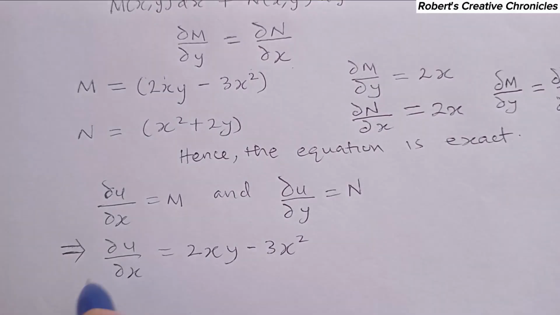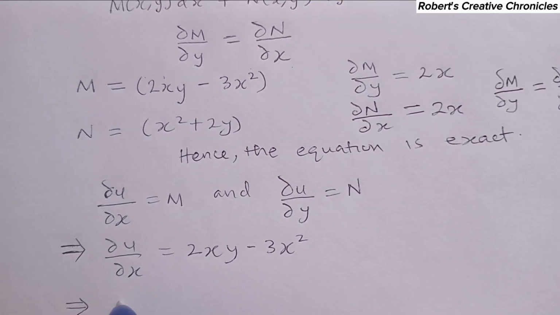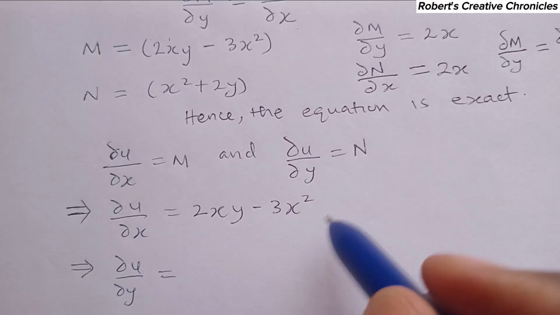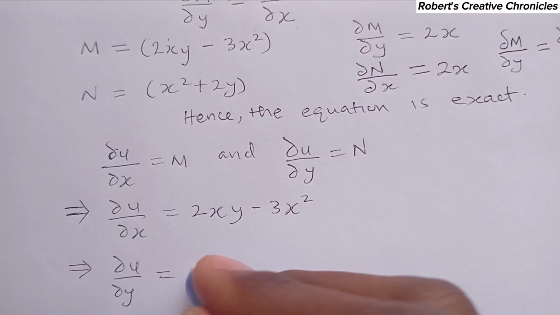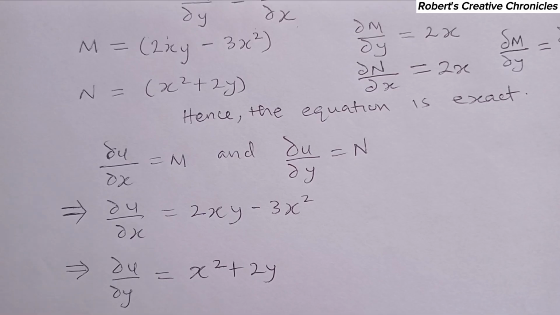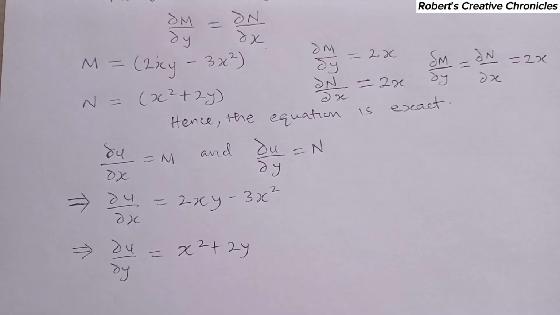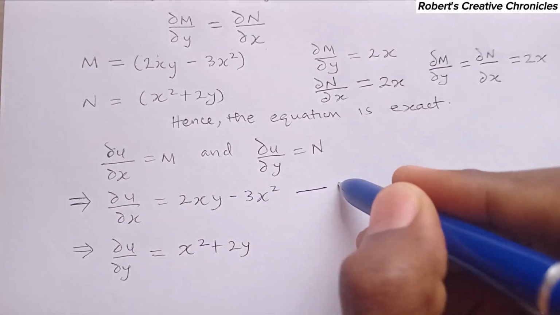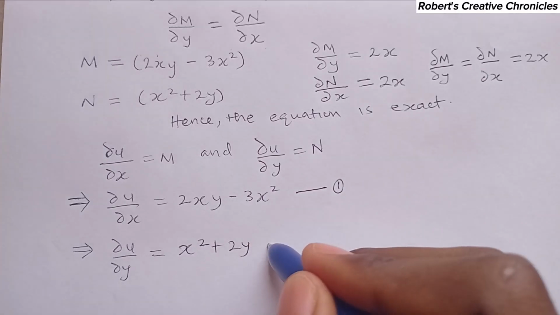And the partial of u with respect to y is N, which is x squared plus 2y. This will be our equation 1, and this will be our equation 2.